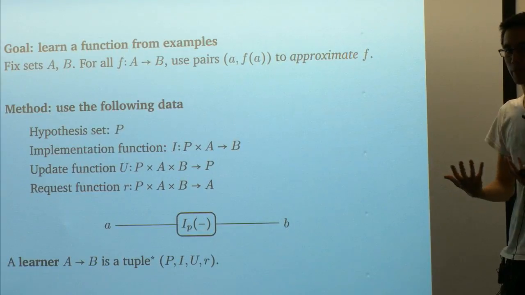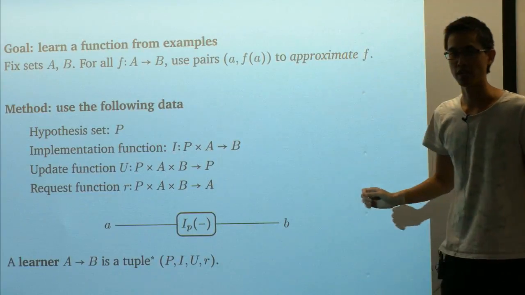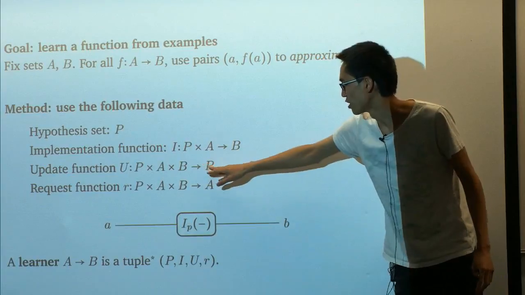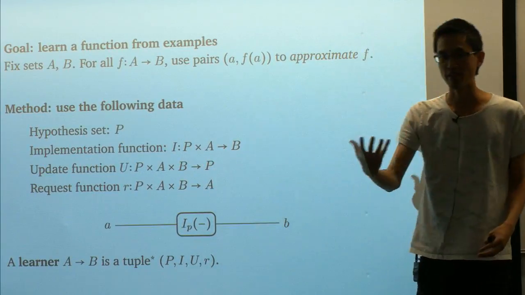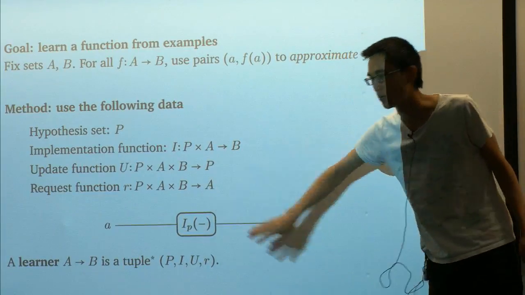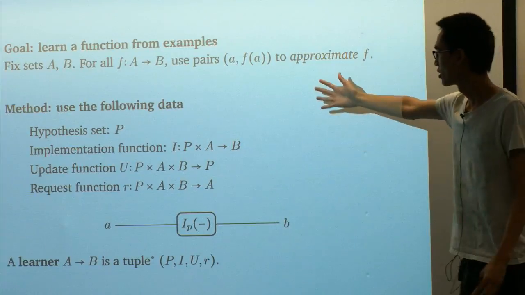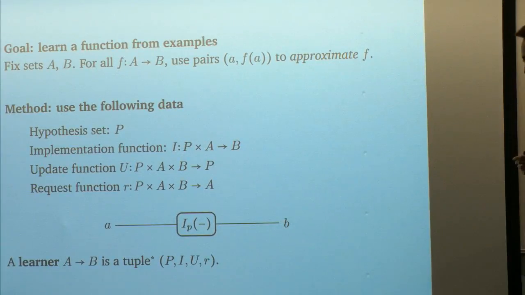But if you give me a sharper picture or a better input, then I would have come closer to the correct answer. So as well as changing my own hypothesis, I could also give you some feedback and say, this would have been a better picture to give me. Right? So this data altogether we call a learner.